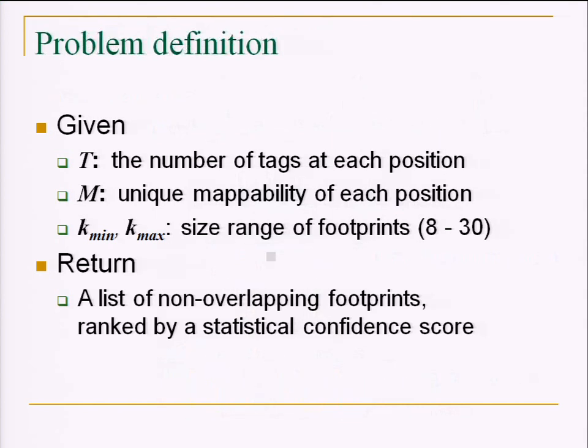We are given, for each genomic position, the number of cleavage tags, and also whether that position is mappable, and we are given the size of our protein. And then we want a list of non-overlapping footprints with statistics to show how good the footprint is.